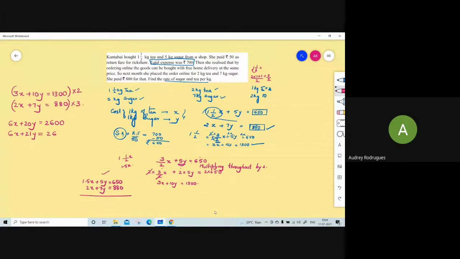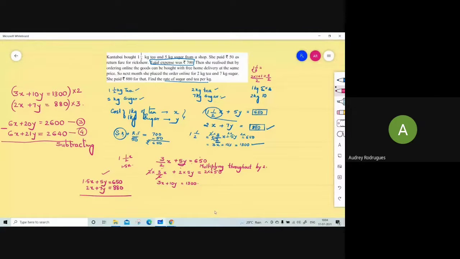Because if everyone talks, then no one understands. So 6x and 6x, so I have to subtract. Here I will write subtracting. These are the new equations that have been formed now. This becomes my equation number 3 and this is equation number 4.